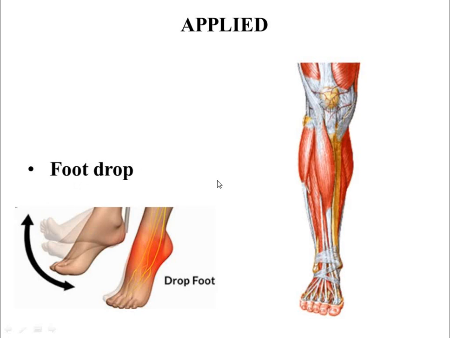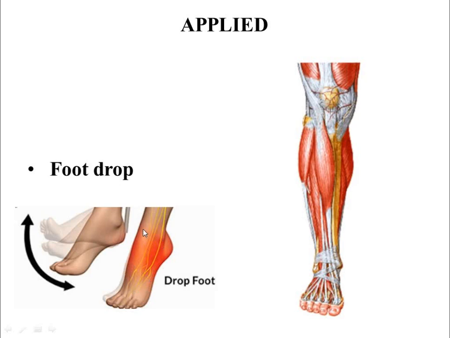So whenever the deep peroneal nerve gets damaged, say by fracture of the neck of the fibula or otherwise, all these muscles will get paralyzed. So unopposed action of the opposite group of muscles, that is the plantar flexors, will lead to foot drop.